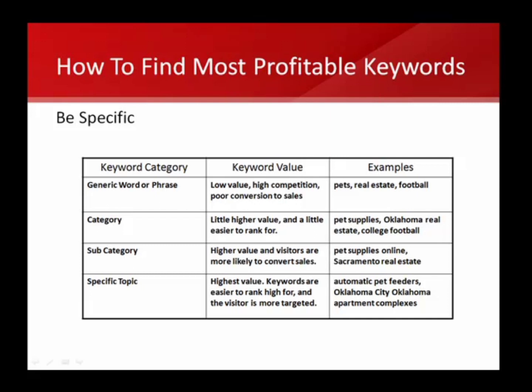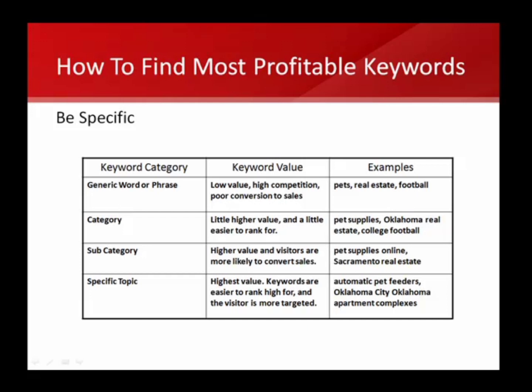And so you want to find and target these specific topic keyword phrases, because a lot of people will sit there and say, well, it's great to rank for real estate because it gets millions of visitors. Well, the phrase real estate could be everything from commercial real estate, regular real estate, apartments, to somebody wanting just to learn about real estate. You really don't know what their goal is.